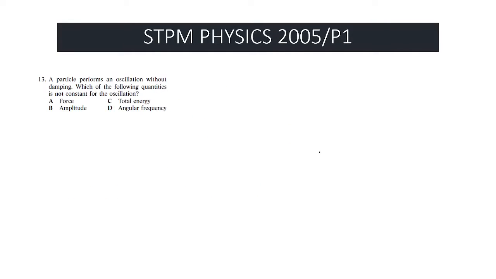A particle performs an oscillation without damping. Which of the following quantities is not constant for the oscillation? We first look at the A here. The force is given by ma, and in the oscillation case, the acceleration is equal to minus omega square x.